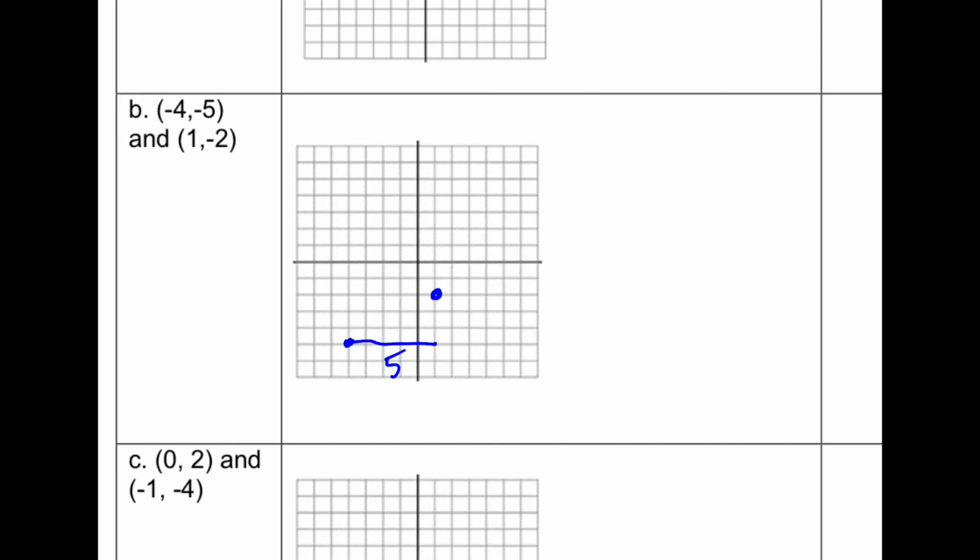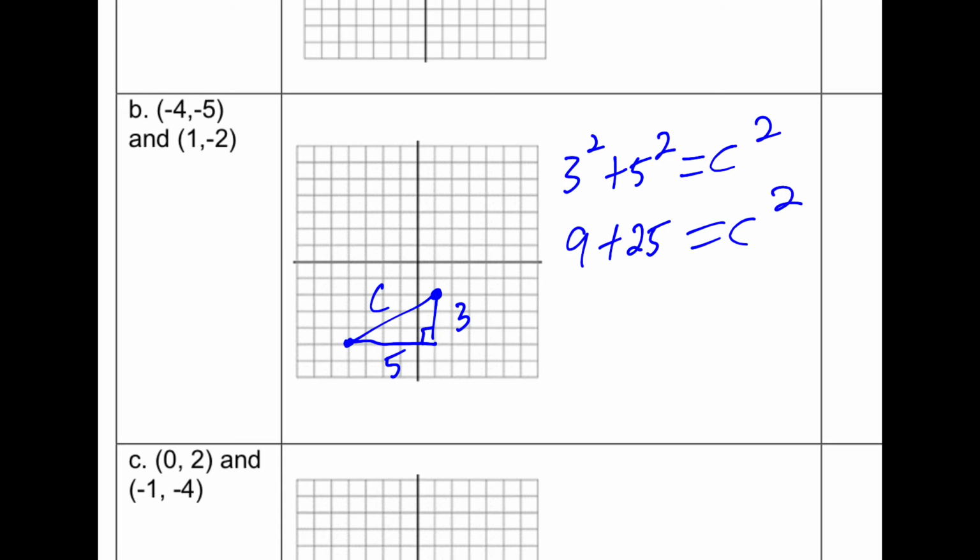There's a distance of 5 this way, and there's a distance of 3 this way. So I built a right triangle. And a squared plus b squared is equal to c squared. So 9 plus 25 is equal to c squared. So 34 is equal to c squared, or the square root of 34 is equal to c.